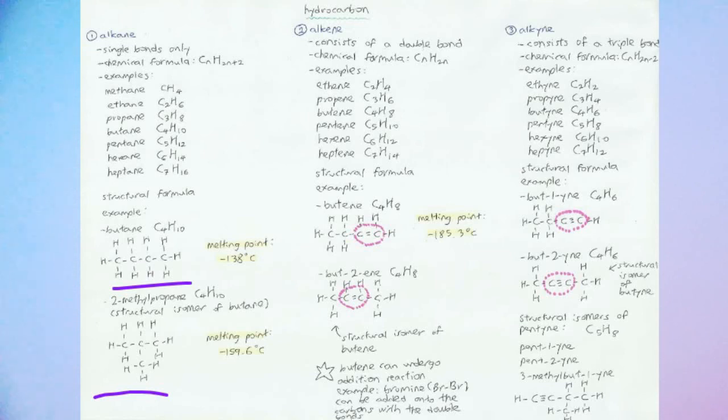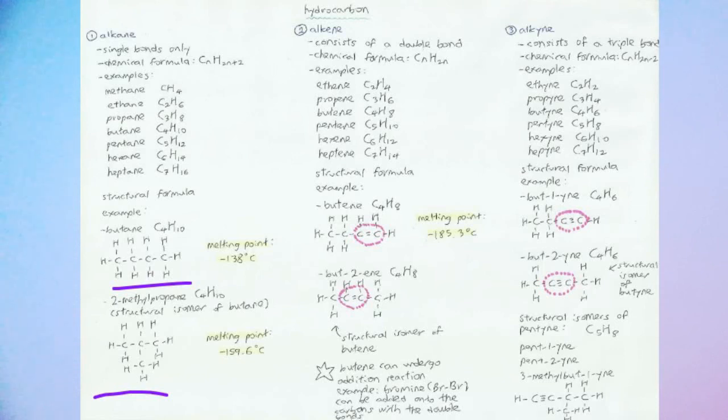So if we look at alkenes, we know that we have those carbons that are double bonded. They are actually bonded to 3 atoms instead of 4. So there's a space around those carbons that enables bromine gas to be added to the carbon. And that enables us to differentiate between an alkane structure, which is saturated, and an unsaturated structure.